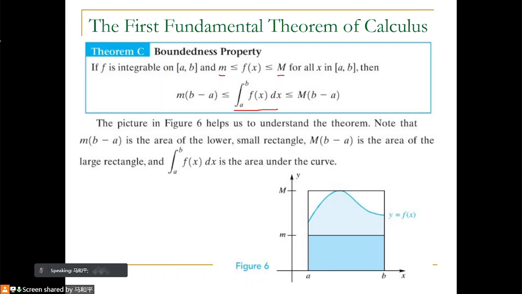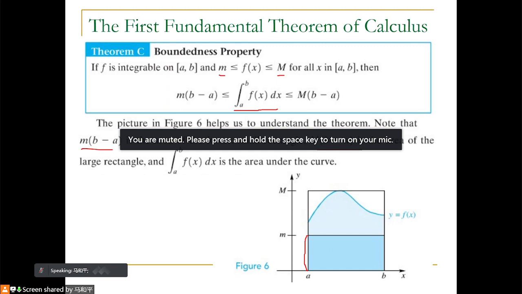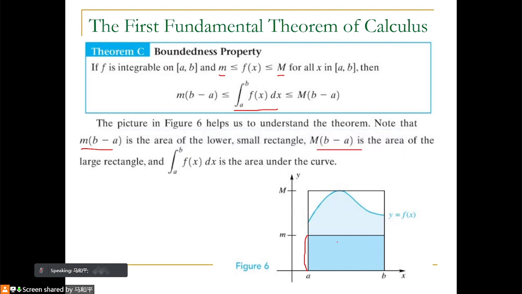Note that m times (b minus a) here: the height is m and the base is b minus a. So m times (b minus a) is the area of the lower small rectangle, and M times (b minus a) is the area of the large rectangle.